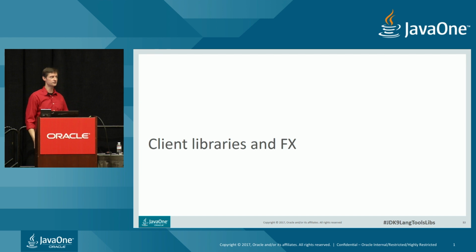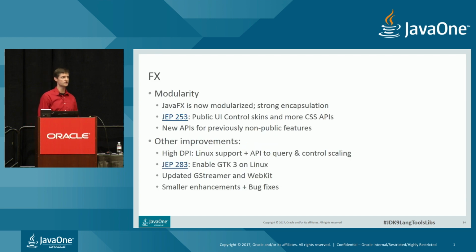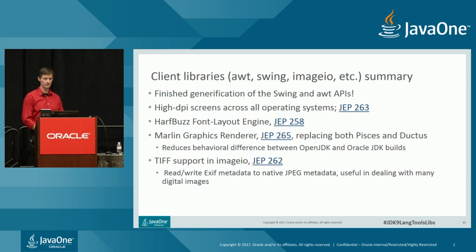There are also updates to the client libraries and FX in the release. Like other parts of the JDK, the FX codebase was modularized. There were updates to graphic support in various ways. A few notable projects. The Marlin graphics renderer replaced the previous Pisces and Ductus renderers.